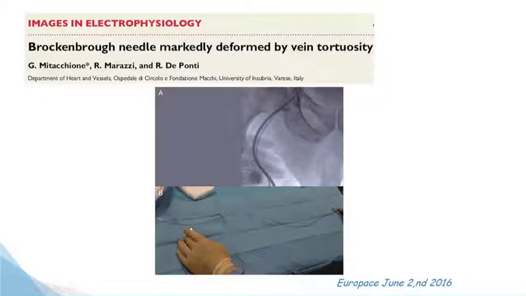These are my fingers. You see here it is touching the table and here there is a big space. It means that the needle has been markedly deformed by this kind of vein tortuosity, which again represents a challenge to perform a transseptal, to reach the right position of the fossa ovalis and then to perform a successful and safe transseptal catheterization.